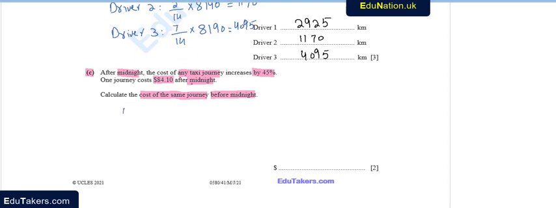So it increased 45%, so 1 plus 45%. Let's say x is the cost before midnight, and after midnight it costs $84.10.